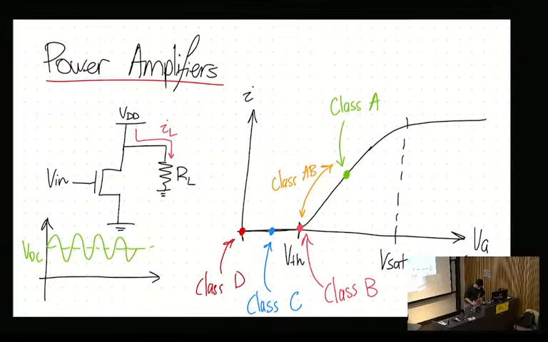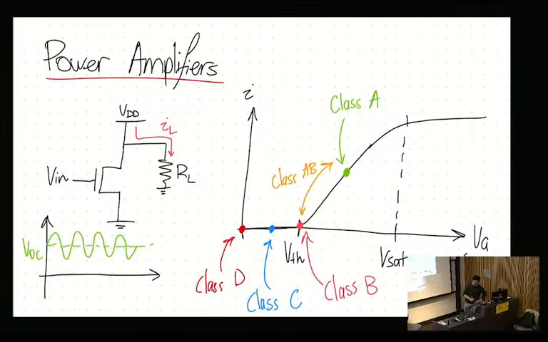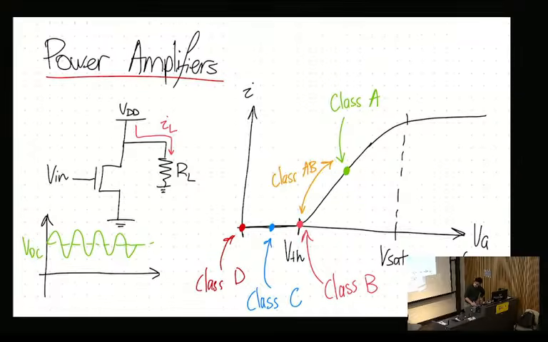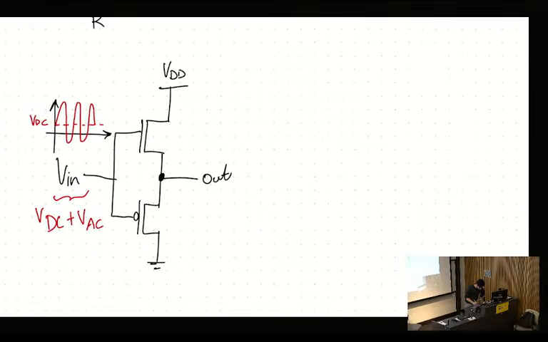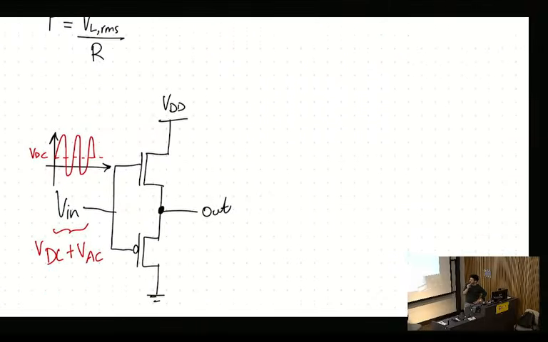Good question. Let me see if I understand, just to repeat for everyone online. The question is, in this case, we're pulling to ground as well, so what's the point? Yep, it's a good question.